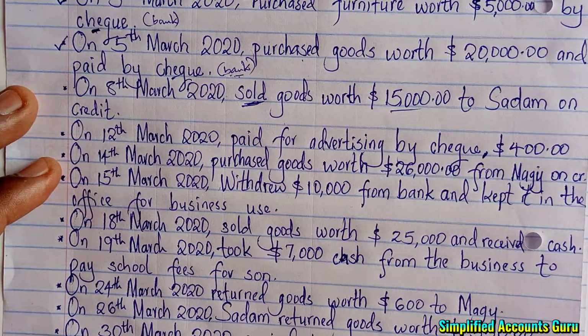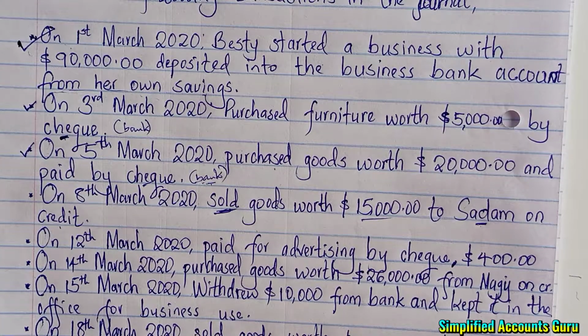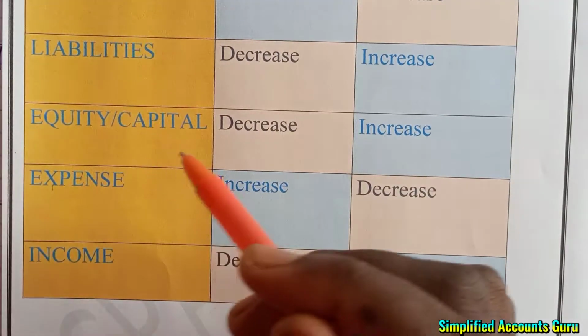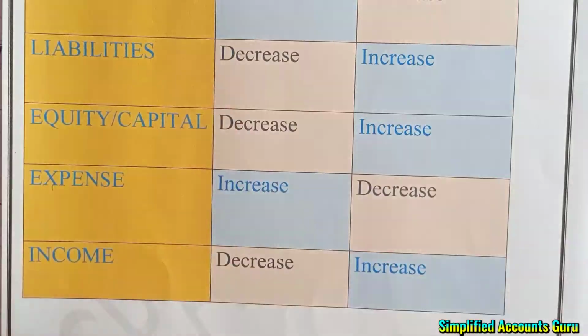We have the sales account going up, while on the other hand, we have a debtor. A debtor is being introduced into this business through the transaction that has been made on 8th March 2020. Goods were sold on credit worth $15,000. So a debtor is an asset, a current asset. We have the asset which is increasing. We are having a debtor there, so we are going to debit it.